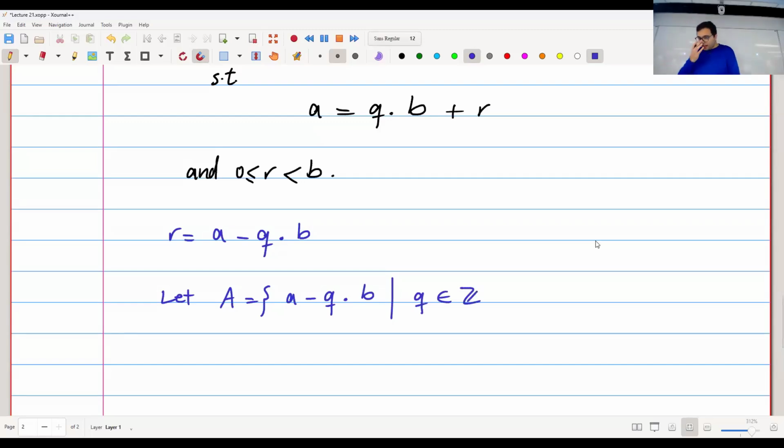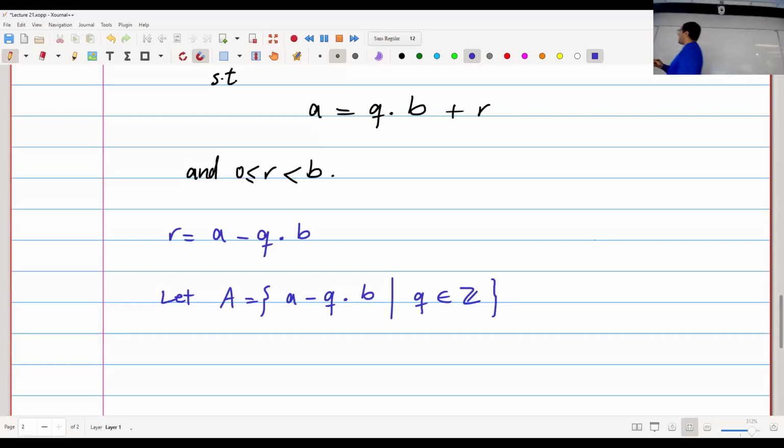Okay. But the problem is that if I do this, this A would be a subset of Z, right? And I've already lost some things when I go from N to Z. And one of the main things that I have lost is well ordering. Remember, if I had a non-empty subset of natural numbers, I could say that there is a minimum element, right?